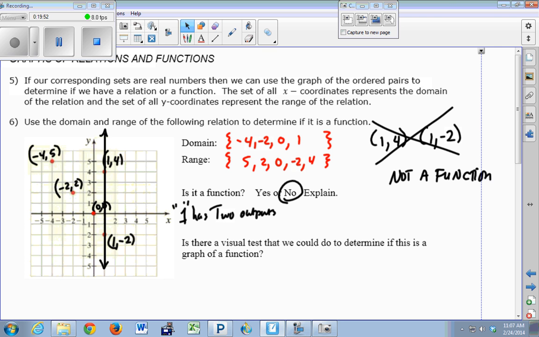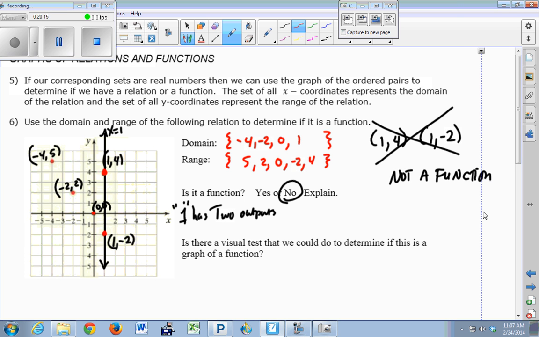You notice that it hits 2 of those points. That means you have an input with 2 different outputs. So that tells you that this cannot be a function. It's a visual check for whether a graph is a function or not.